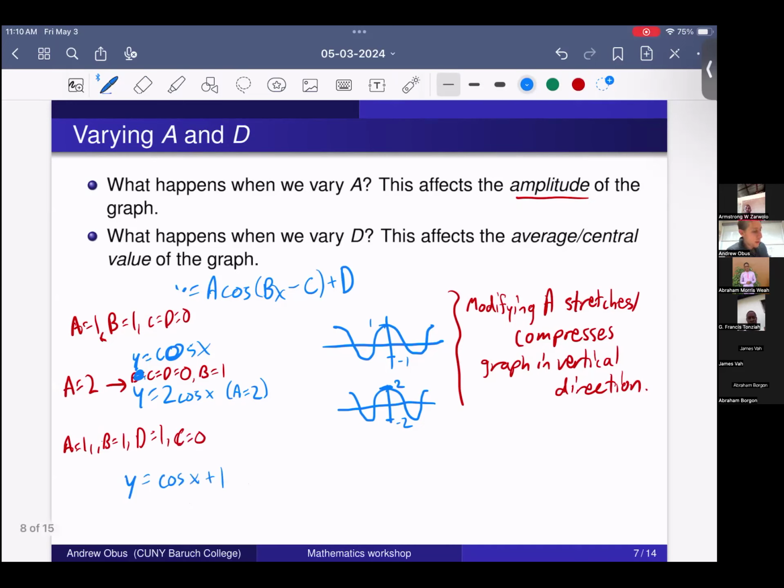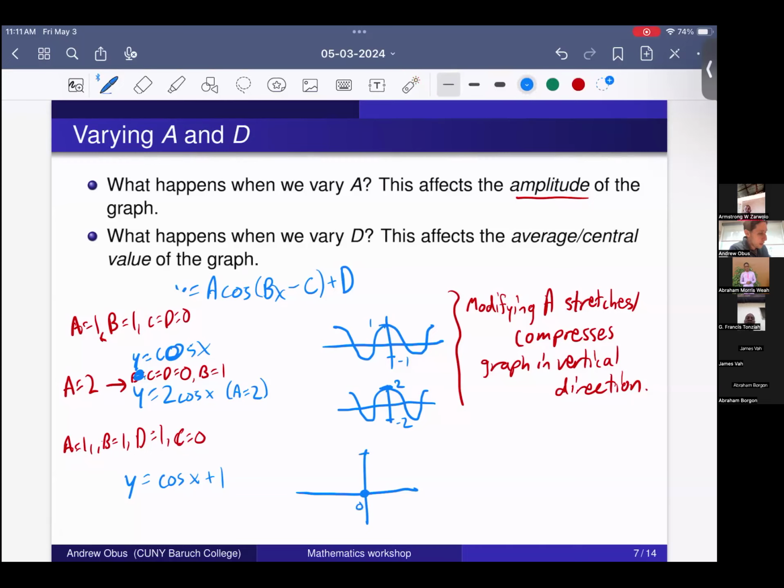And what happens when we do d, right? So the difference between y equals cosine x plus 1 and y equals cosine x is we add 1 to the y values. So that's not going to stretch, but it's going to shift. It's going to shift the graph up by 1. So if we drew this version of the graph, instead of going from -1 to 1, it's going to move everything up by 1. So it's going to go from 0 to 2.